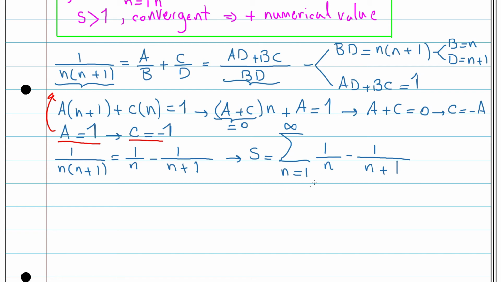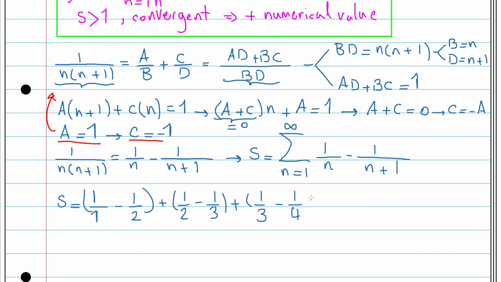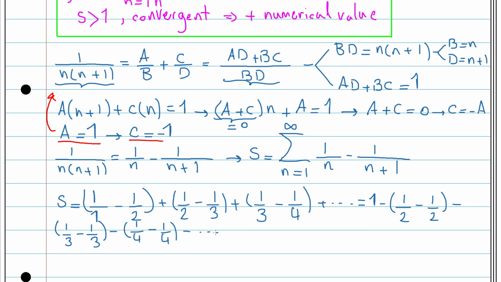Let's write a few terms to see the pattern. S equals 1 over 1 minus 1 over 2 plus 1 over 2 minus 1 over 3 plus 1 over 3 minus 1 over 4 plus so on, which can be rearranged as 1 minus parentheses 1 half minus 1 half minus 1/3 minus 1/3 minus 1/4 minus 1/4 minus so on.